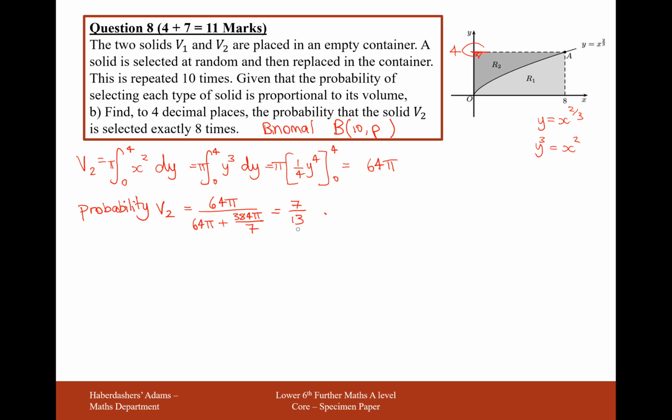Okay, so 7 out of 13 is the probability that we select V2 on each pick.